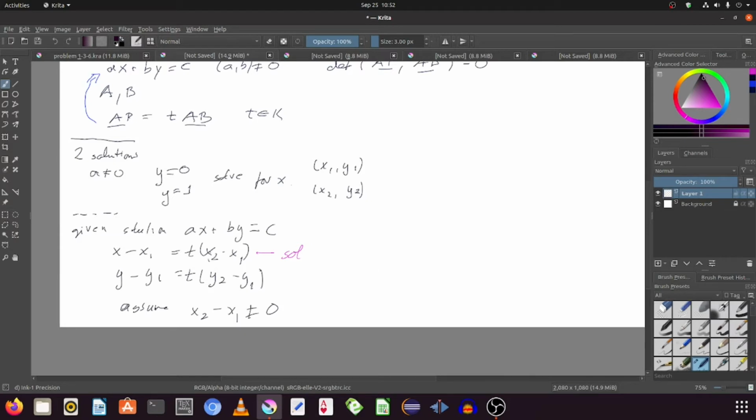So we have solved this one for t and need to verify that this one is fulfilled. So we'll just insert the solution in this one.